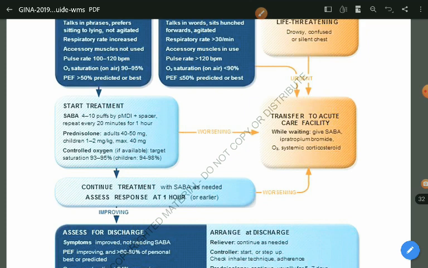If worsening, proceed to the next conditions. We treat by giving the SABA inhalation. We also need to give oxygen.